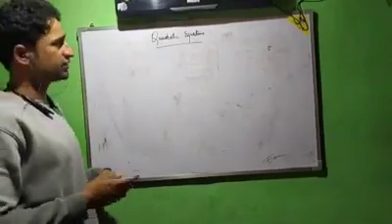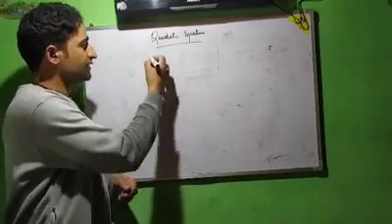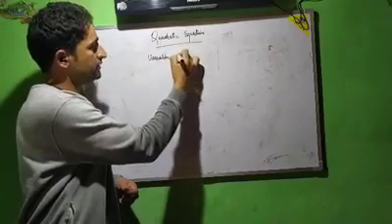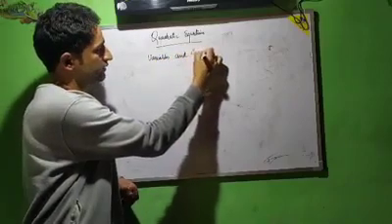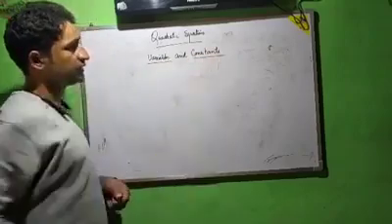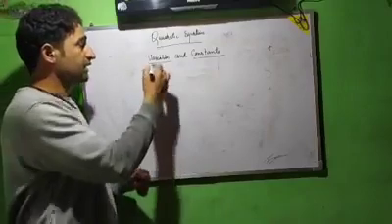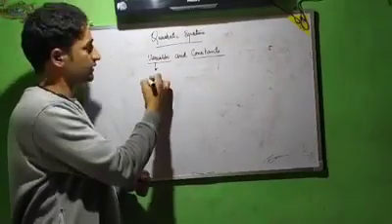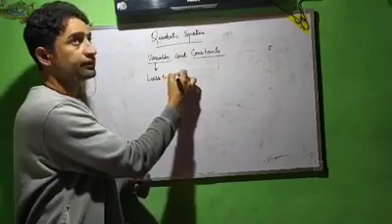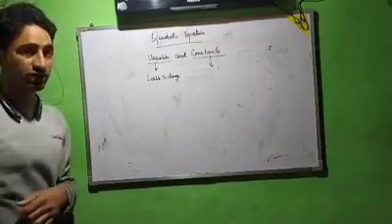You might have heard these terms, variables and constants. Let's talk of these two terms, what variables are and what constants are. A variable is a quantity which is liable to change, and constants always remain constant.